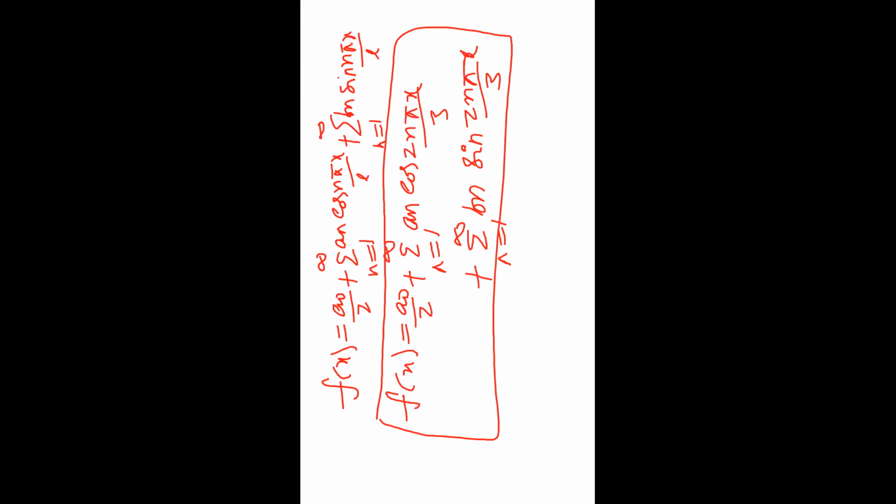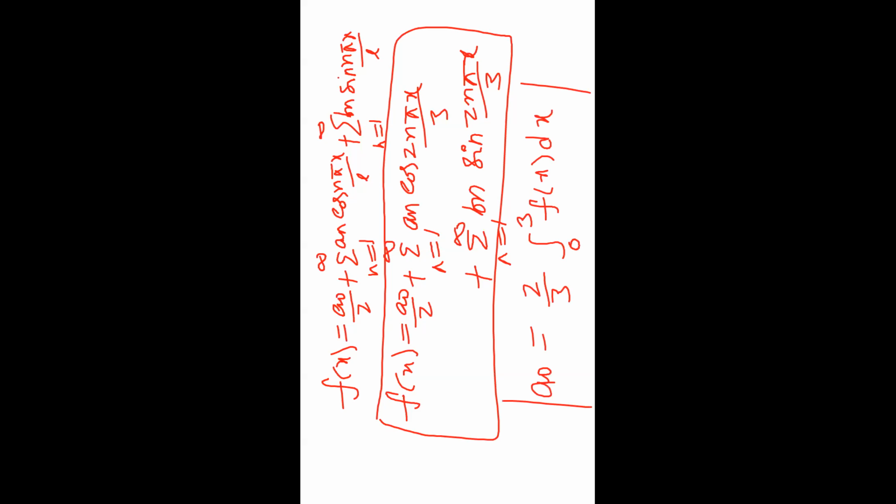So the A naught is 1 by L, so 1 by 3 by 2, with the integral limits of the given problem, 0 to 3, f of x dx. Using the reciprocal of 1 by 3 by 2, it is converted to 2 by 3. So the A naught formula is 2 by 3 integral 0 to 3 f of x dx.